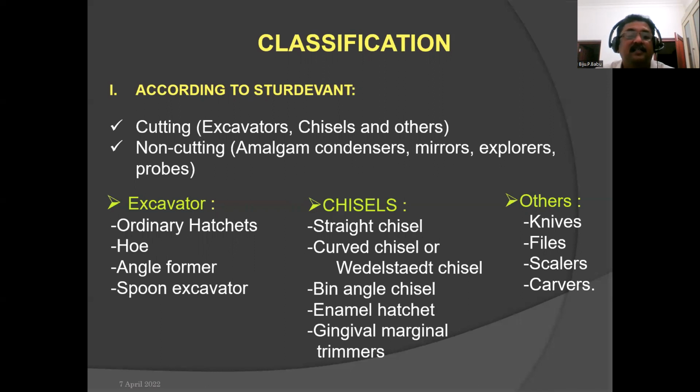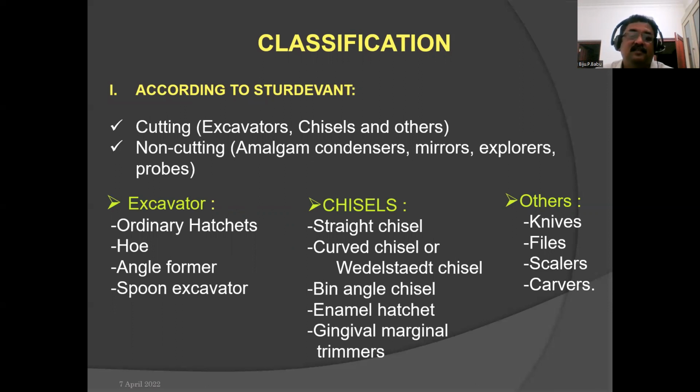Under excavators, you have the ordinary hatchet, hoe, angle former, and spoon excavator.